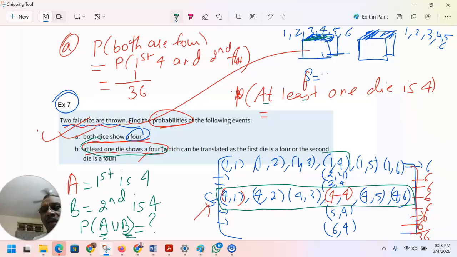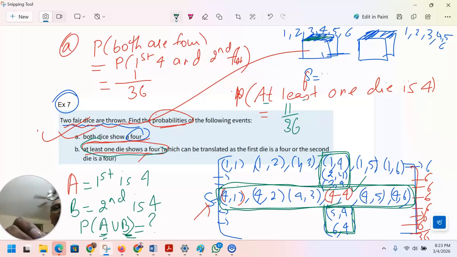There is a 4 right here also, but this is already counted, right? And then you have 4. There are 2 here. So altogether, this 6 plus this 3 and plus the bottom 2, they all add up to 11. So the answer becomes 11 out of 36. So one is by visual to see, you can see it's happening, and the answer is done.